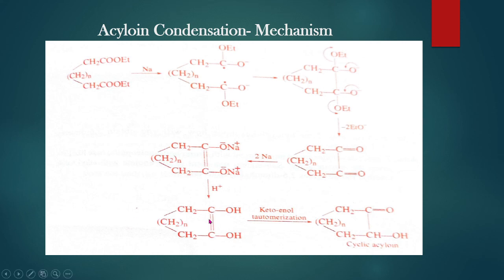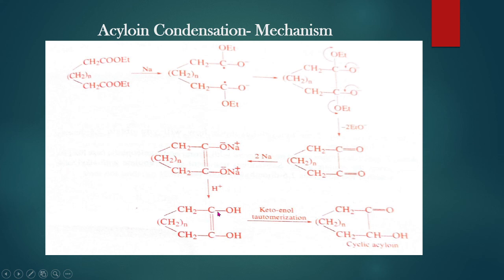That means once the double bond is shifted to this position, actually what is happening is that H is released as H plus, this will be shifted towards this side, and the double bond will be shifted.